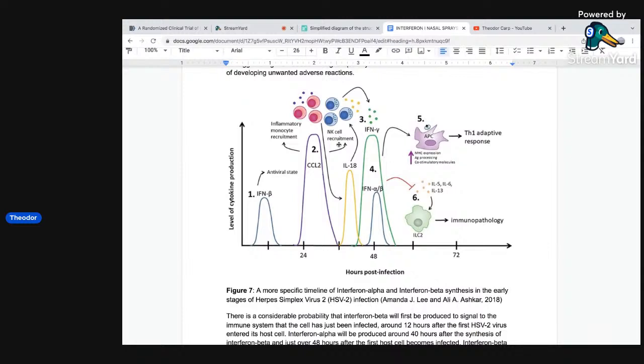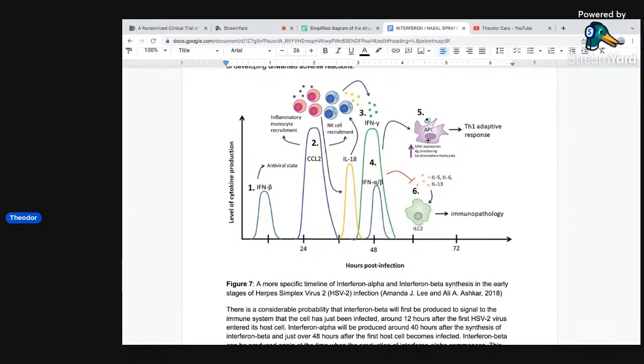And yeah, you have inflammatory monocyte recruitment, natural killer cell recruitment. They have interferon gamma, which is also quite important. It's a type 2 interferon, but that one is not restricted by the virus. And then you have the antigen presenting cells, which are, like I said, macrophages with dendritic cells. Major histocompatibility complex expression.